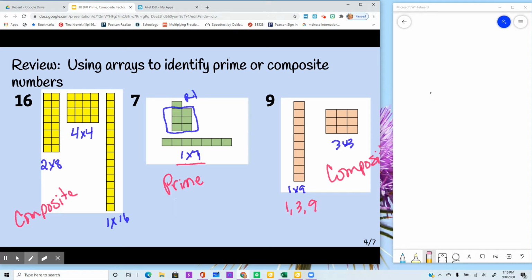Those are my factors for 7. Those are my factors for 16. We have 1, 2, 4, 8, and 16.